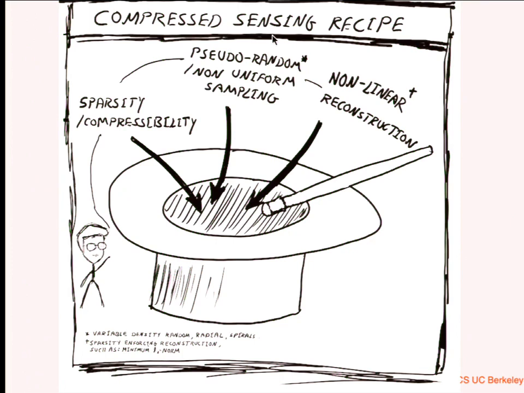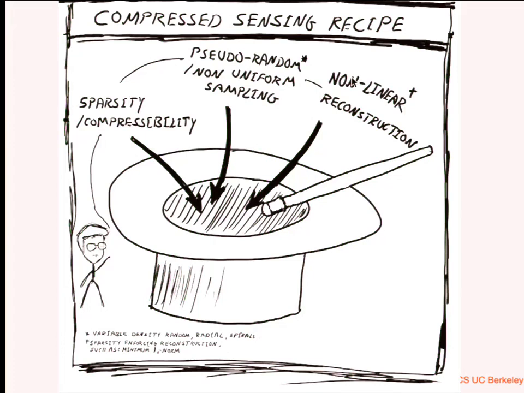You can actually not sample the frequency domain uniformly. If you do sample uniformly, it sucks. That's one of the worst things that you could do. So you want to sample non-uniformly, randomly in the frequency domain. And then you need to do some nonlinear reconstruction, something that enforces sparsity. L1 norm enforces sparsity, but there are actually other ways of enforcing sparsity.